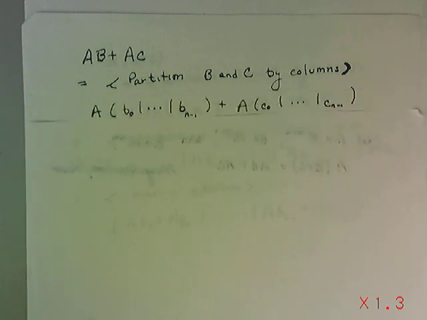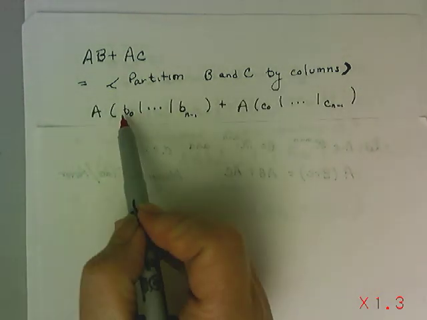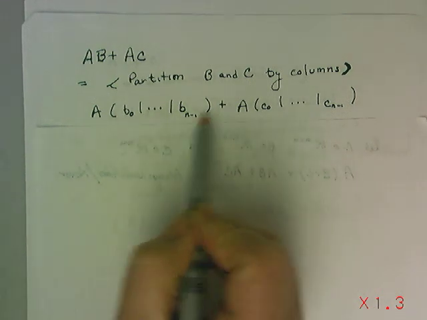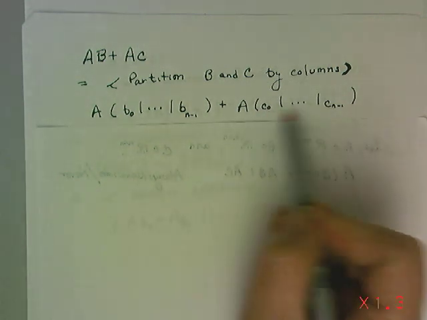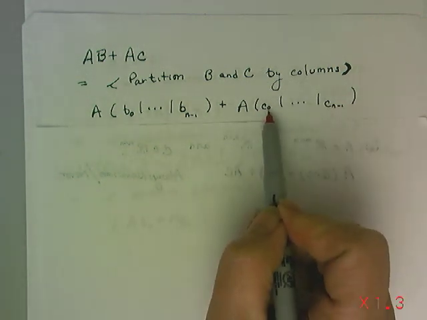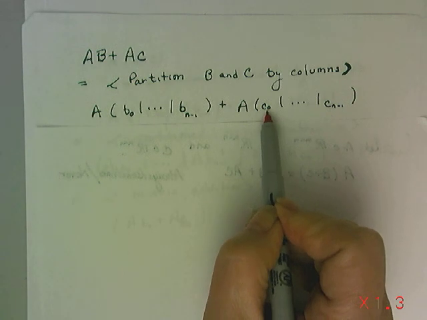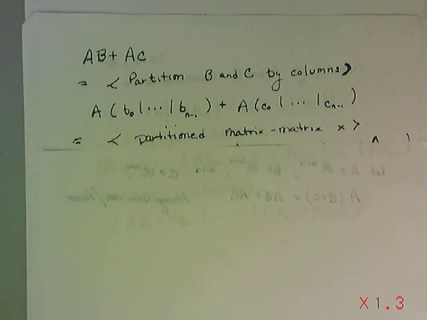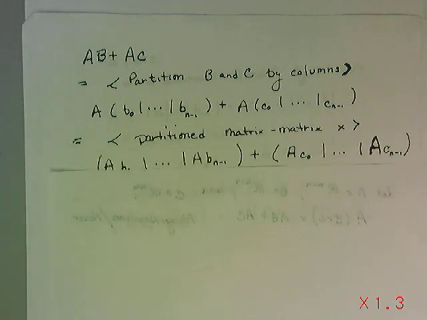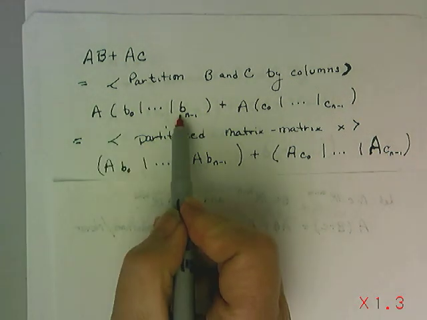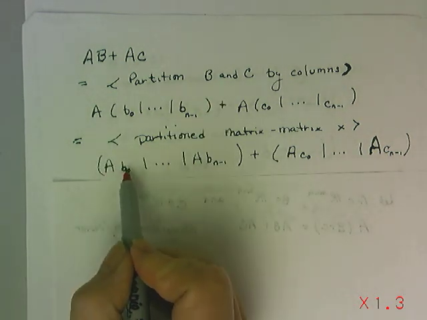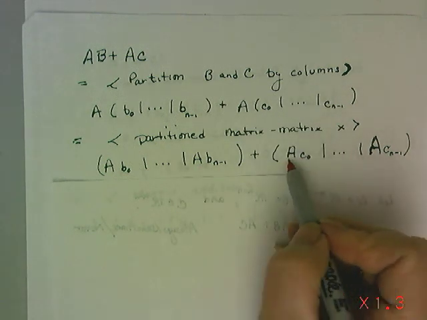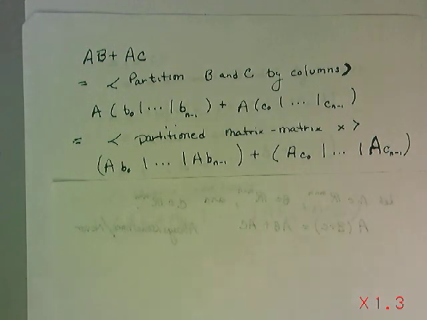And so I'm going to write B as the matrix with column vectors b sub 0 out to b sub n minus 1, and C, same as I did before, the matrix with columns c sub 0 out to c sub n minus 1. But I know by partitioned matrix multiply that this product is just A times each one of the columns of B, and this product is going to be A times each one of the columns of C.